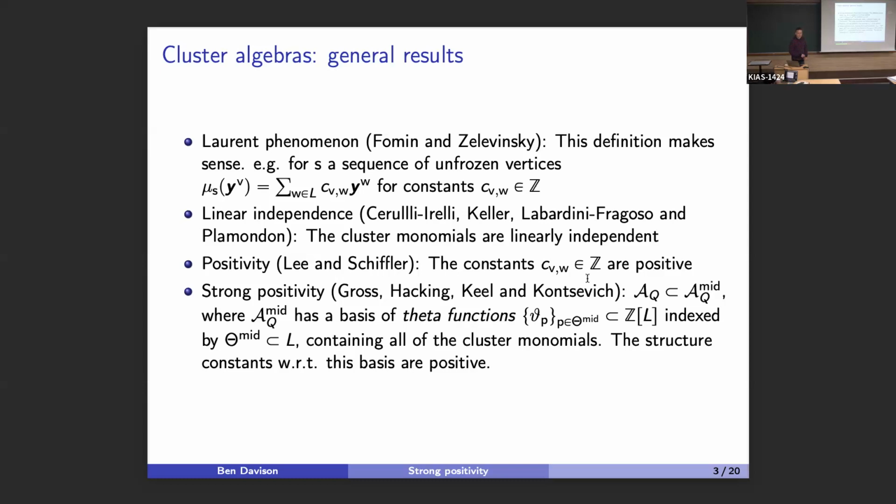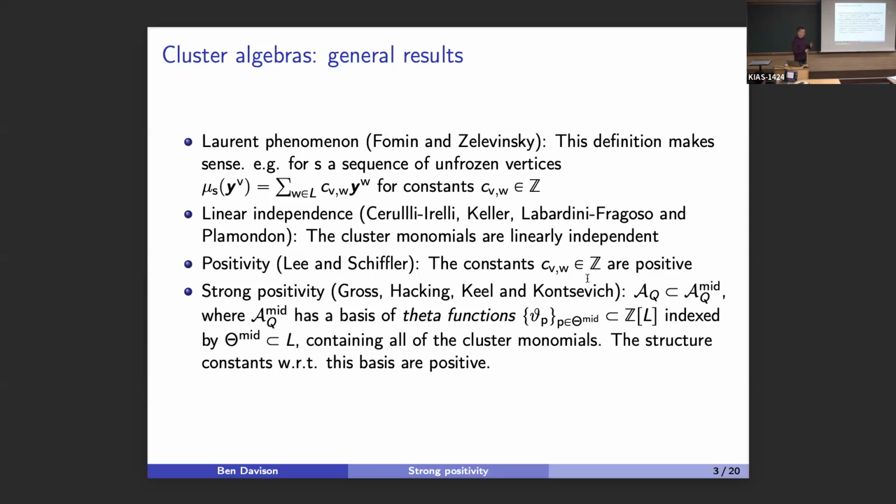Just to clarify, is linear independence over Z? Over Z, yeah. So what is strong? What's the difference between the two? So the strong positivity statement is a result about the structure constants for this algebra.